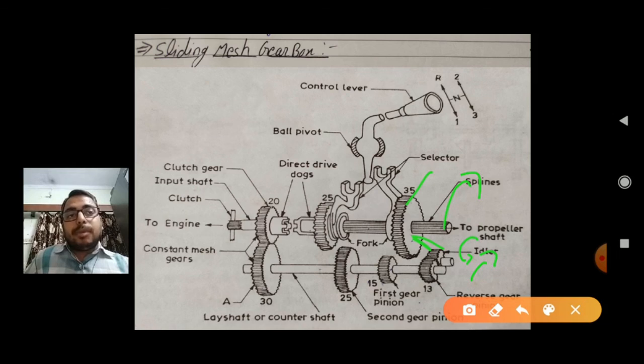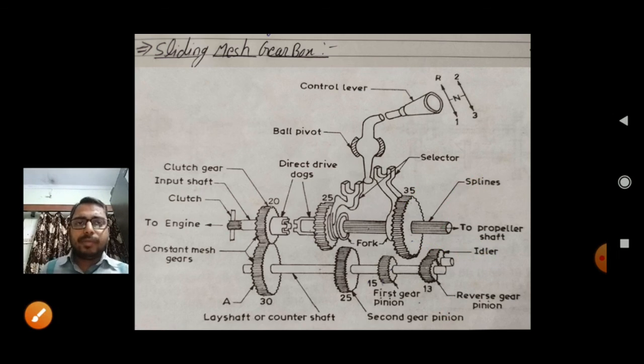So with the help of the idler gear, you can reverse the direction of rotation, and this is used for the purpose of reverse gear. So this is the working of your sliding mesh gearbox.